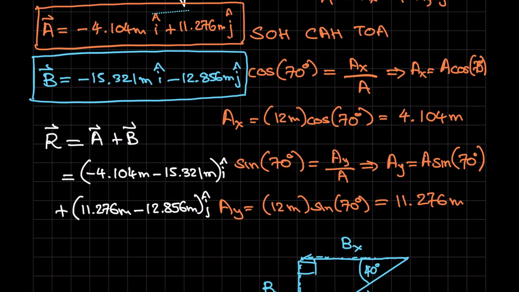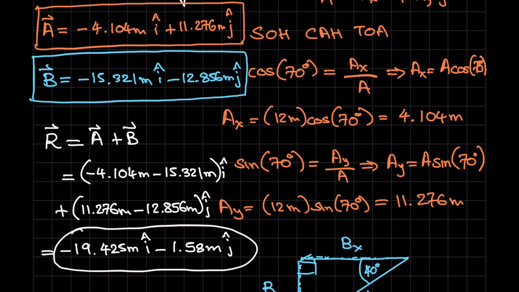If you did that, you should get minus 19.425 meters in the i hat direction, minus 1.58 meters in the j hat direction. So that's it. That's all you really need.